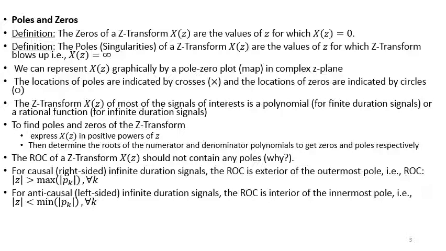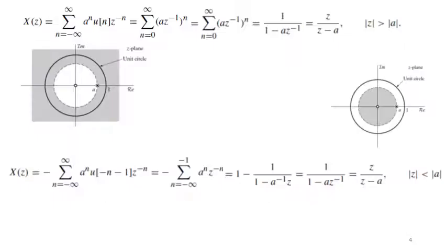The first example we did was X of n equals a to the power n u of n. You find its Z transform, and you know it results in 1 over 1 minus a z inverse, which can also be written as z over z minus a.